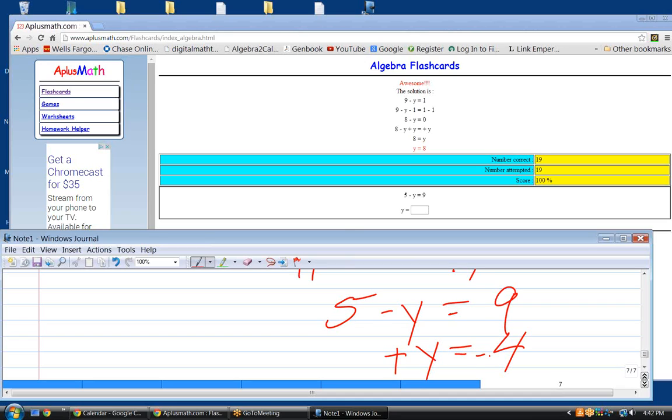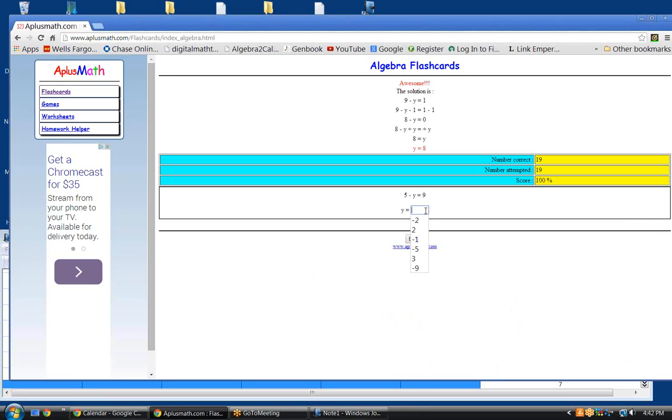So you get minus 4 as the answer. Whichever way you like to do that is fine. Don't pretend that the technique I said was the correct way to do it. It's just the way I like to do it. I prefer to keep my coefficients positive. But it's not that big a deal.